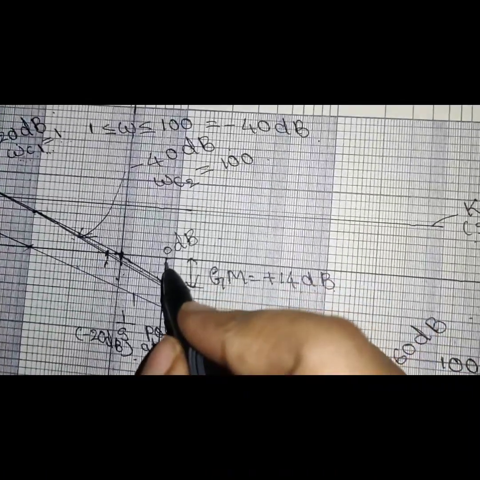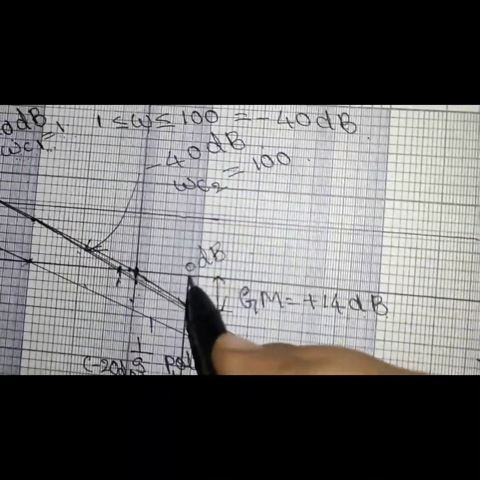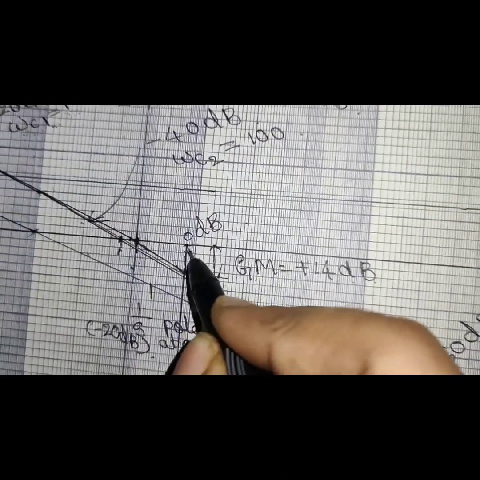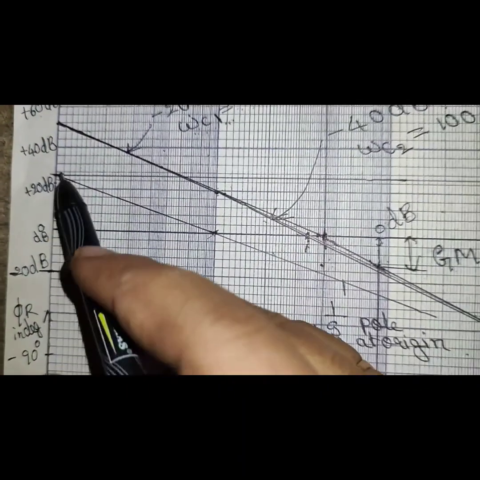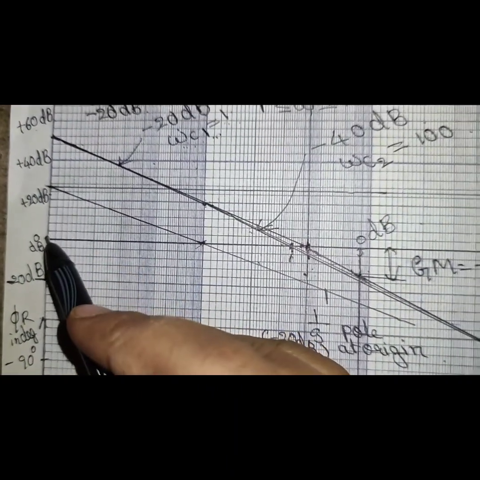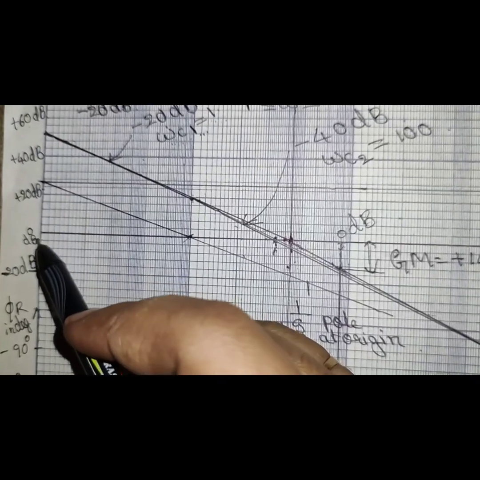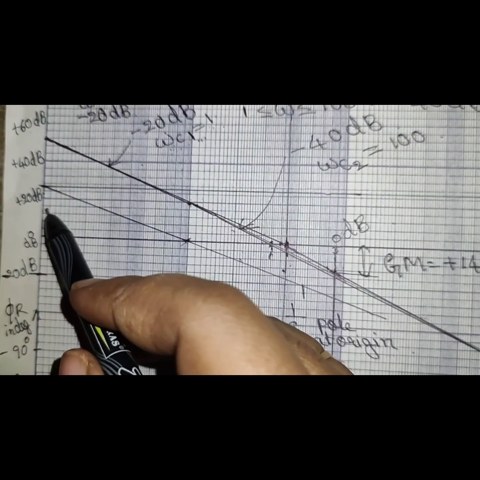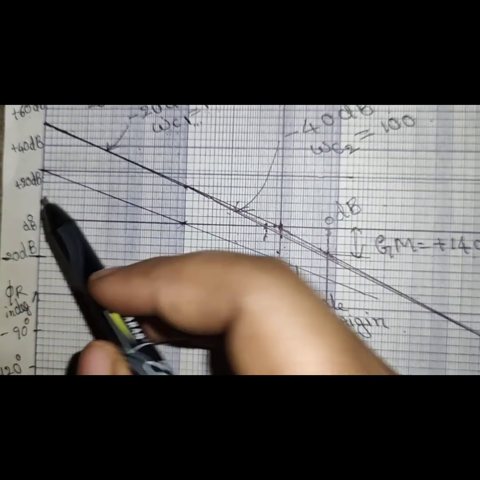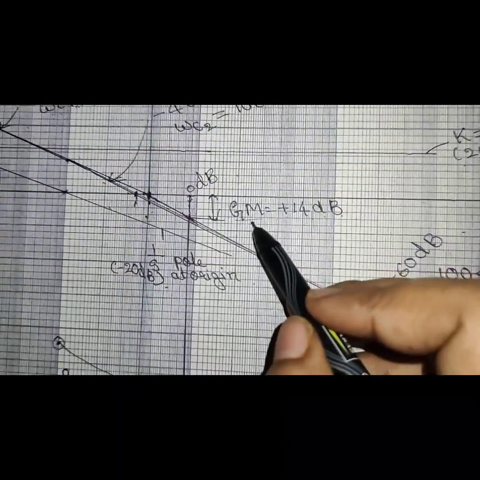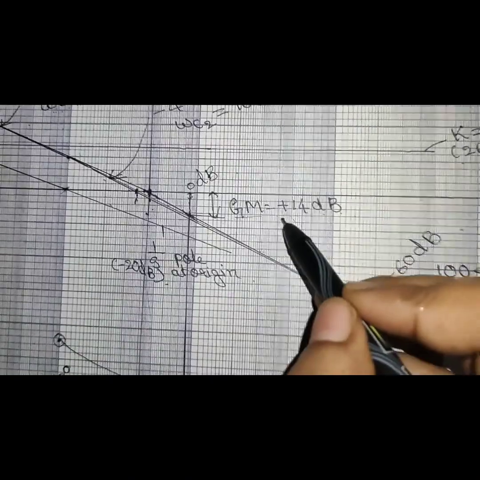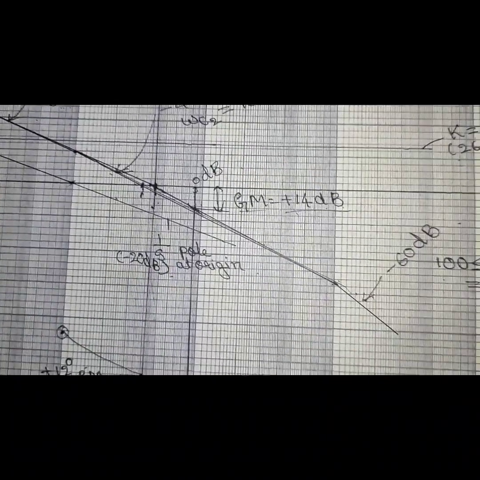Each division is 4, because from 0 decibels to 20 decibels there are 5 divisions: 1, 2, 3, 4, 5. Exactly you cannot write, some difference is possible, that is plus 14 decibels.